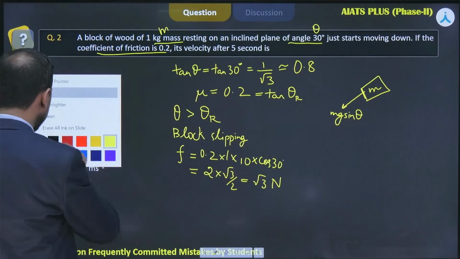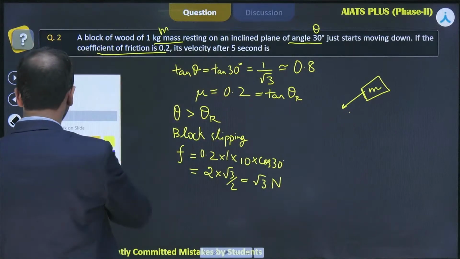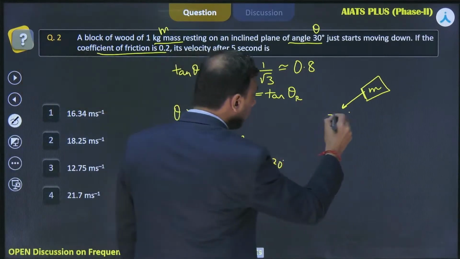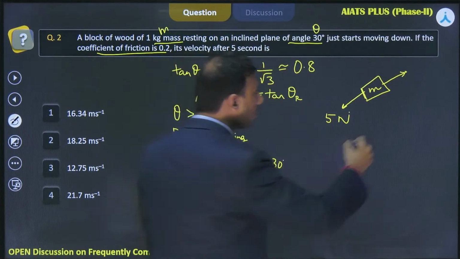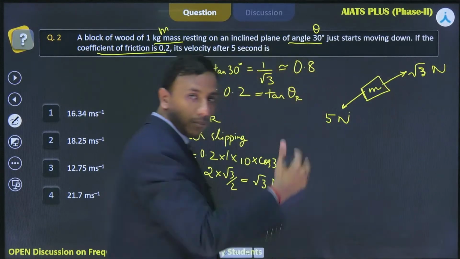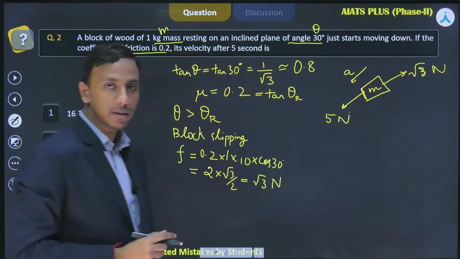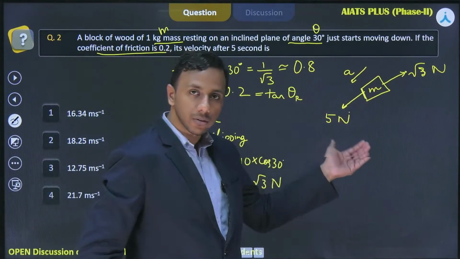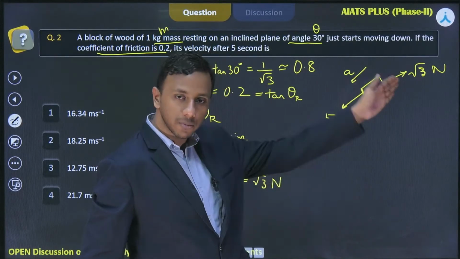If you want, I can directly write down 5 Newton. See here, I'm directly writing mg sin theta, and this one is root 3 Newton. Block is coming down the inclined plane, so acceleration would be a, right? And what would be the net force? See, downward force is more, so downward force minus upward force.